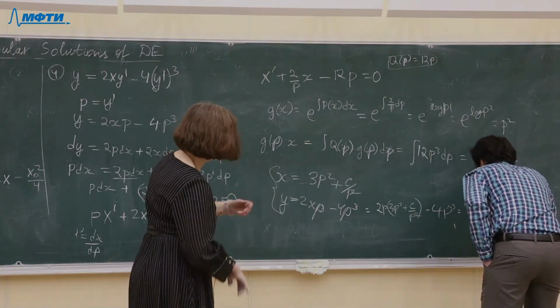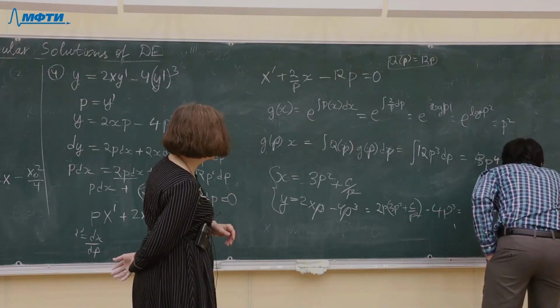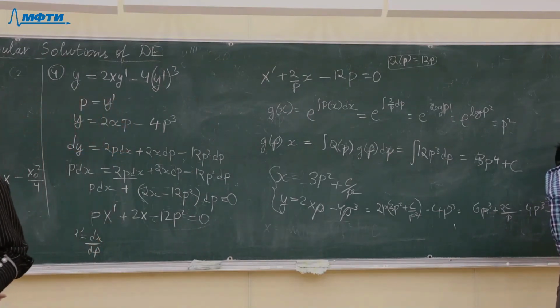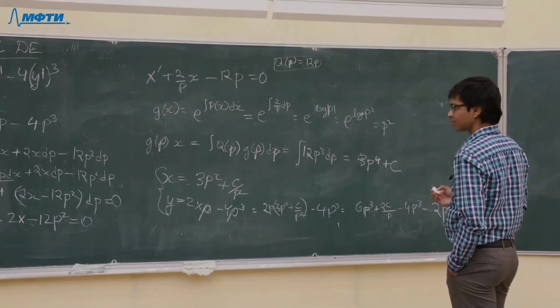Just a moment. And it is 2p cubed, right? 2c over p. So this is the general equation, but now how to find the singular equation?